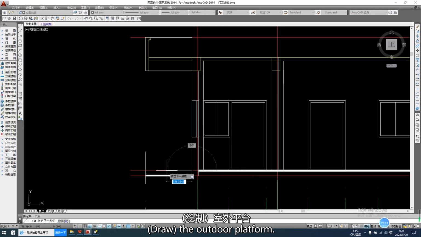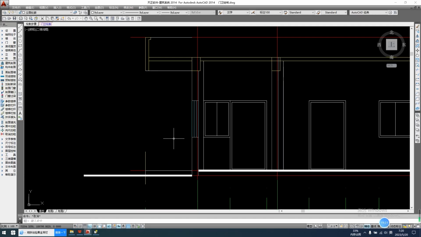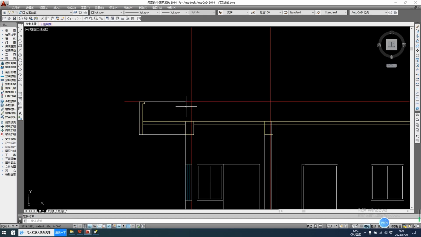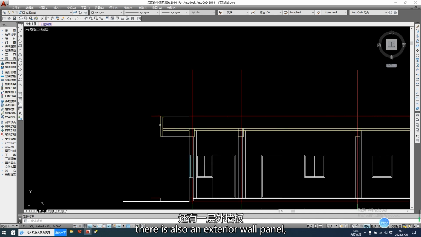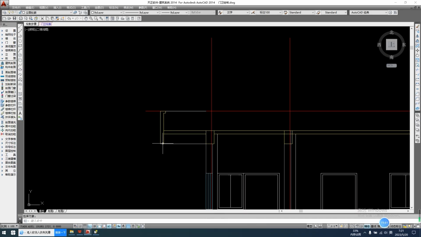Draw the outdoor platform. Because on the outside of the rain canopy slab and on the outside of axis 7, there is also an exterior wall panel on the first floor, we need to indicate them. We can use the multi-line command to draw, and change the scale to 50.